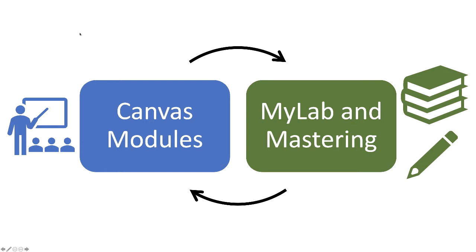You would then go home, do some practice, and prepare for assessment. Perhaps you'd come back the next class and the professor could answer any further questions. This course is designed the same way. You will be moving back and forth between the Canvas modules and the MyLab and Mastering component in order to successfully learn the course material.